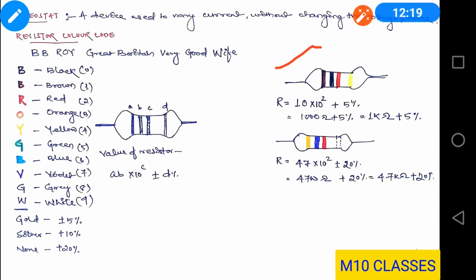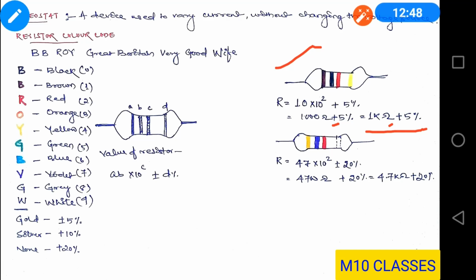It is red. Red means 2, so it will give you 10 squared. Plus minus, it would be 5%, since it is golden color. So it will give you 100 ohm plus minus 5%. Now this 100 ohm is nothing but 1 kilo ohm. So the resistance of this resistor is 1 kilo ohm, and this is plus minus 5%.